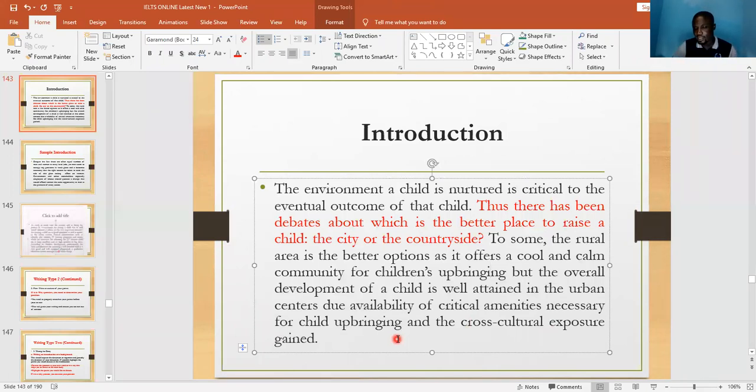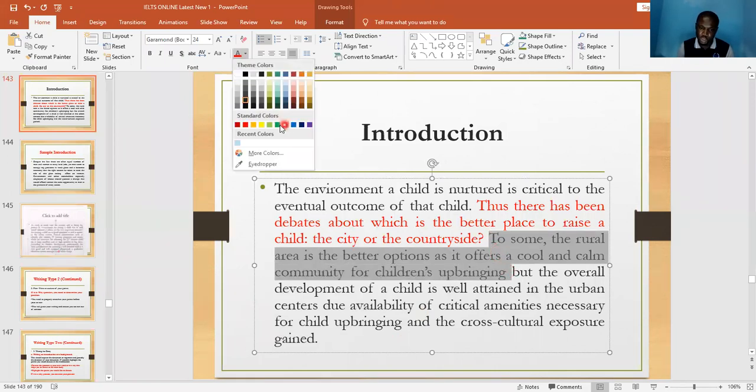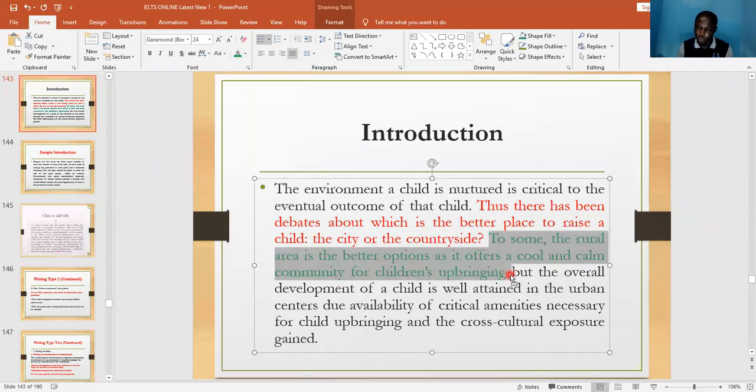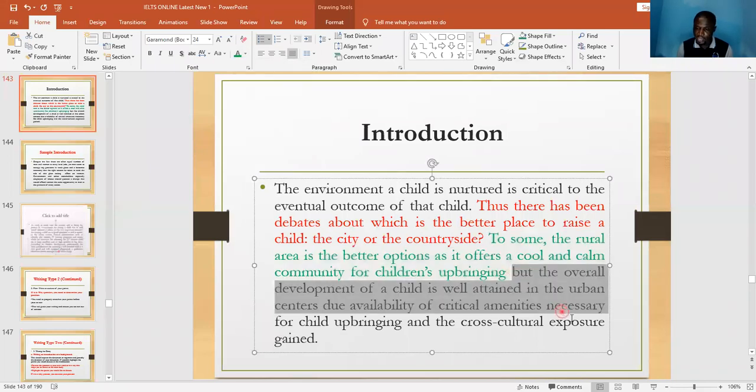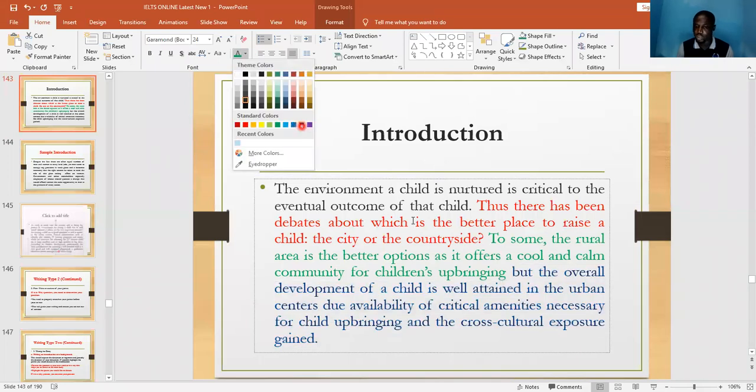Okay, you can see that's an introduction. This part captures a point in opposition, which helps your argument to be very robust, and then introduced the point I would like to discuss.